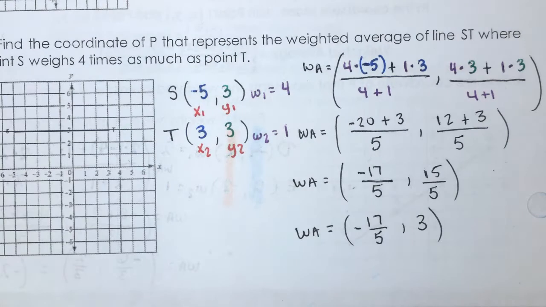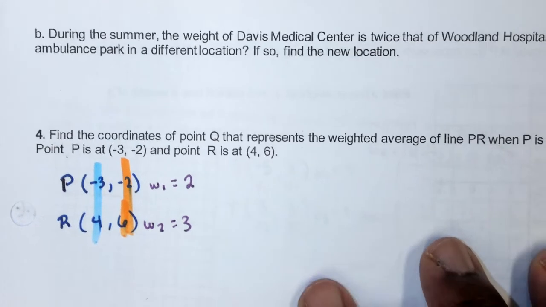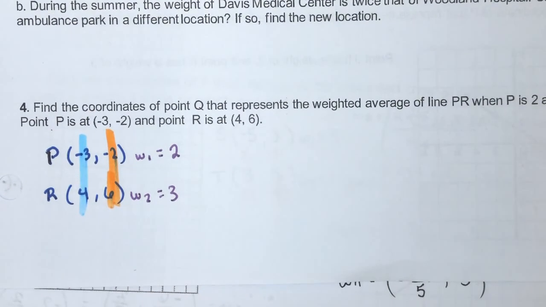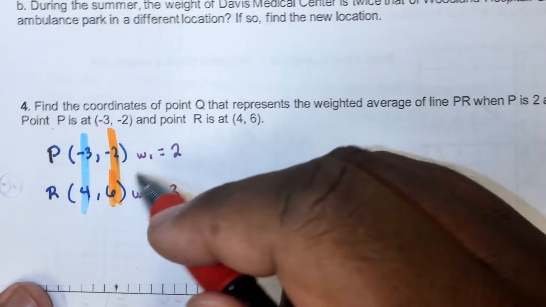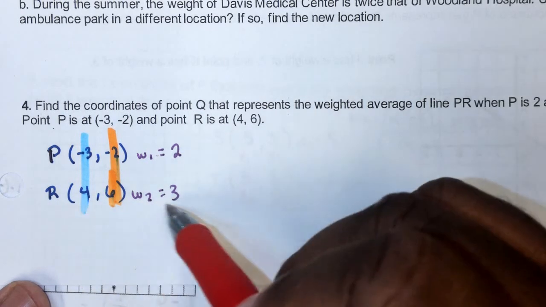One thing I will show you on the practice, let me find mine that I did earlier. I want you to understand that not all your weights are going to be something versus 1. On number 4 on the practice, I got point P and point R. They said point P had a weight of 2, point R had a weight of 3.